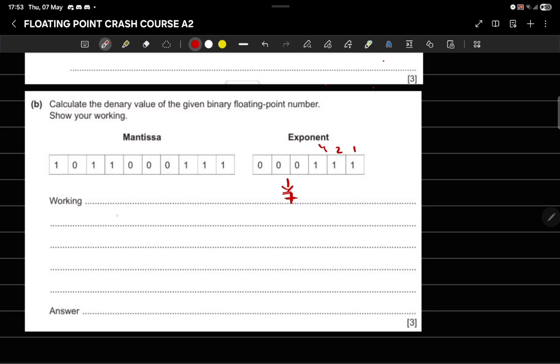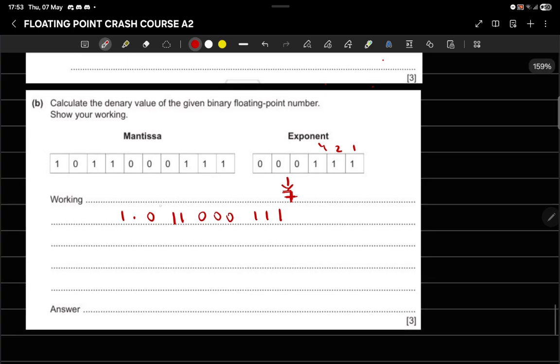So we write down the mantissa. The original point is over here. So we move this original point 7 times so that we get our value.